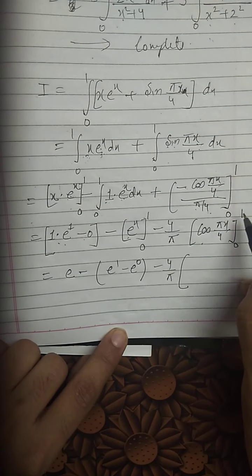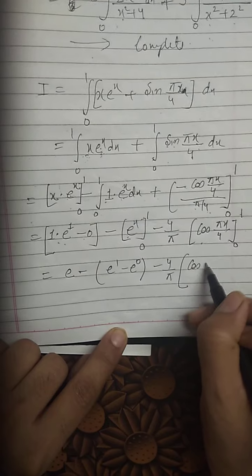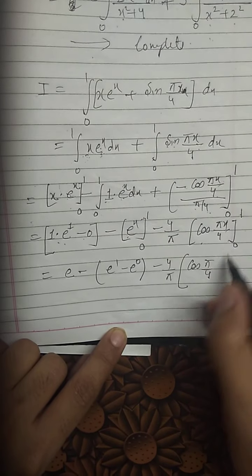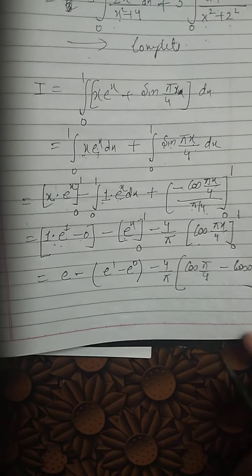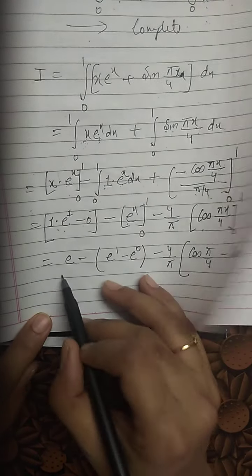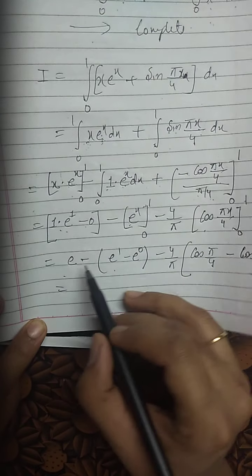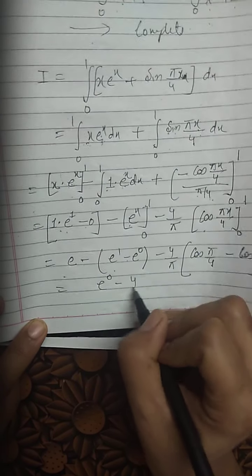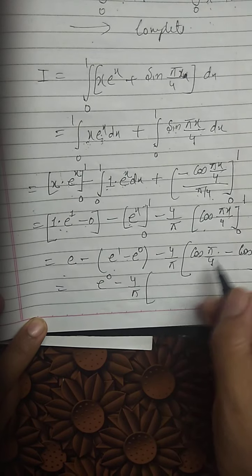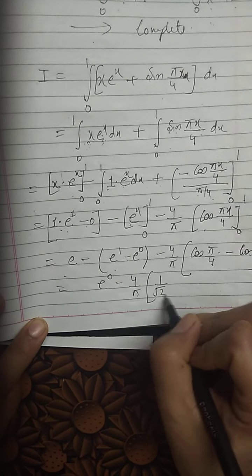We will apply the limit: when x is 1, we are getting cos pi by 4, and when x is 0, minus cos 0. Right? So e minus e will be cancelled. Minus minus plus. So e raised to power 0 minus 4 upon pi. Cos pi by 4 is 1 by root 2.